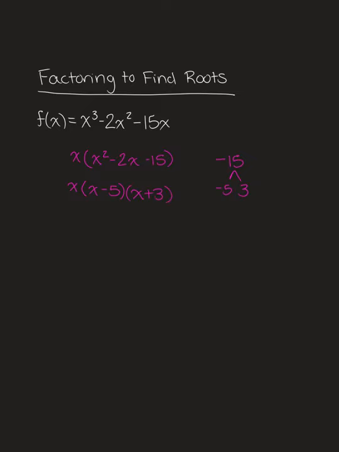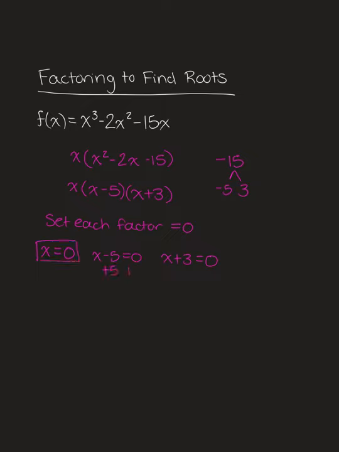Now to find the roots, you set each factor equal to 0. So my first factor is x, I'm going to set x equal to 0, x minus 5 equal to 0, and x plus 3 equal to 0. And I'm just going to solve. So x equals 0 is already solved, so that's one of my roots.